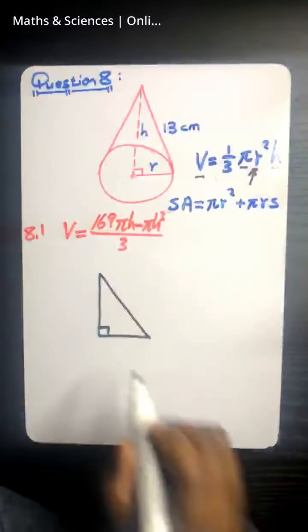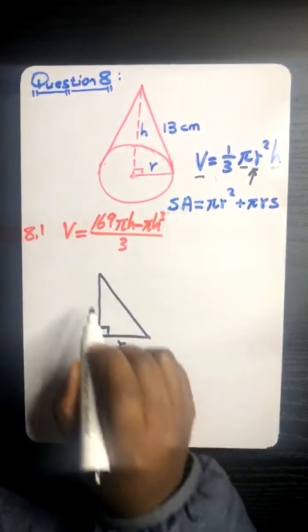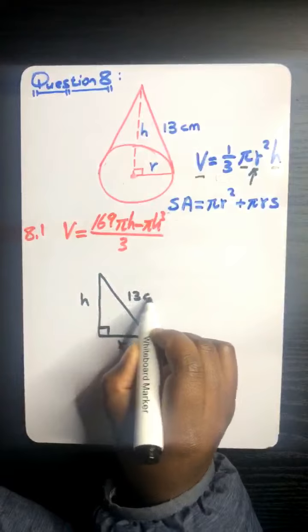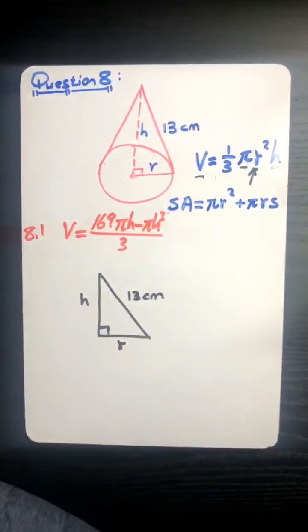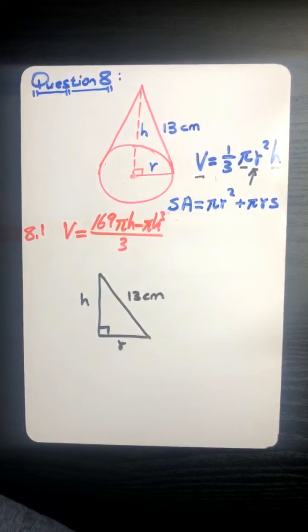What does it mean when we have a right-angled triangle? So you have to use the 3 trigonometry ratios, sine, cos, and tan, and Pythagoras theorem.